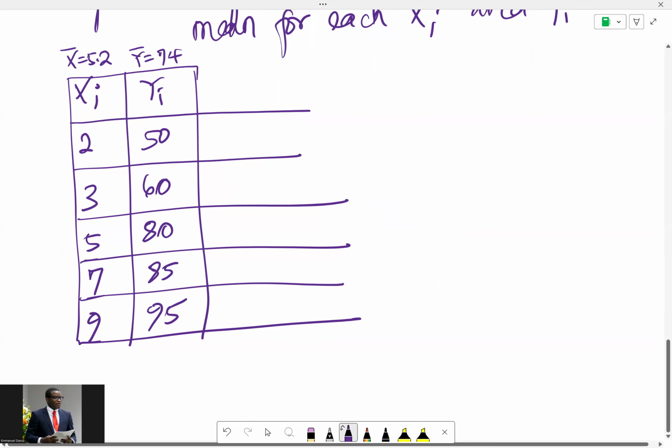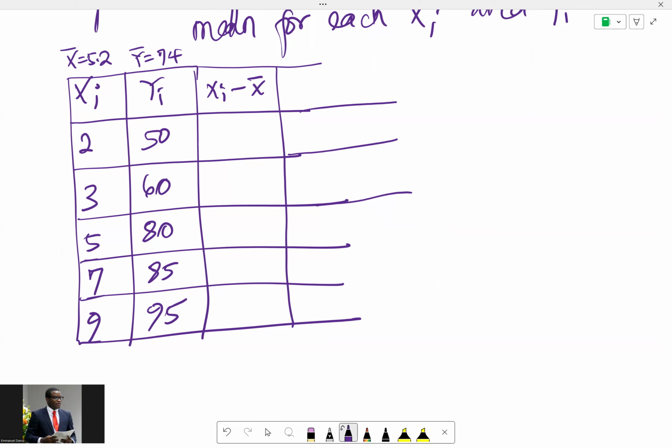We're going to need all that for the deviation. So the deviation of each value of the first random variable, the number of hours studied, will be xi minus x bar.